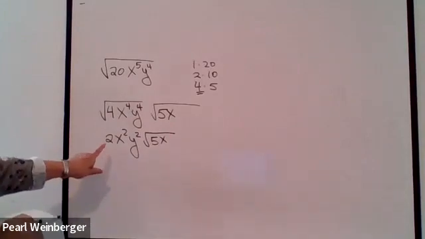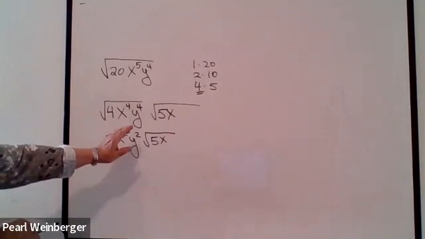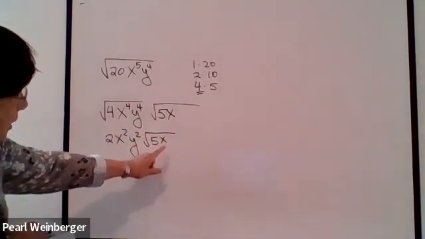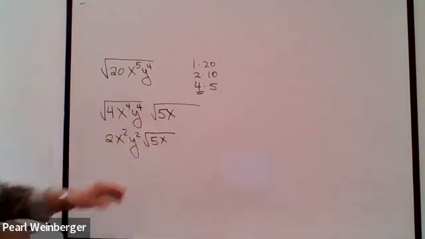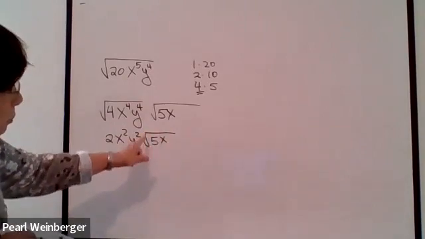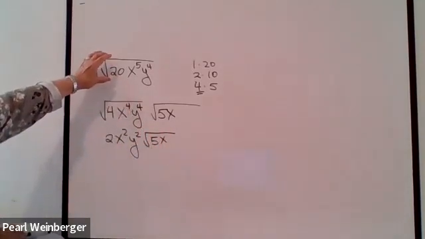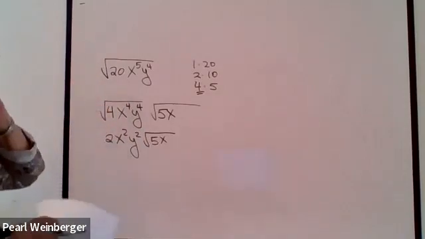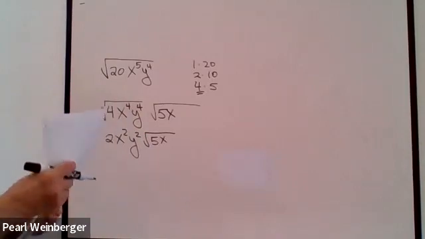So the answer in simplest form is 2x squared y squared times the square root of 5x. Notice I don't put a times sign, but everything here is being multiplied. The reason it's considered simplest form is because what we have in our radical is smaller than what we started out with. We want as small a radical as we can get.